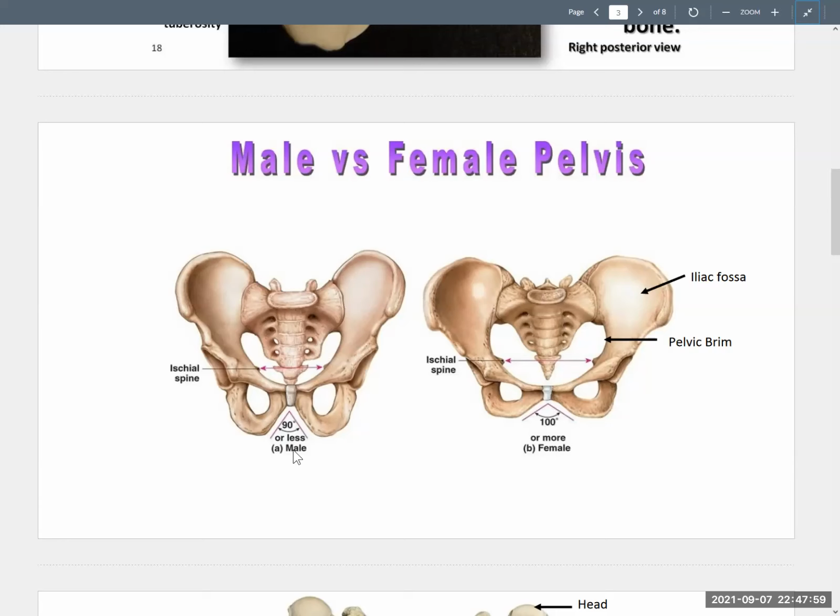In the male, less than 90. I'm going to tell you, I've never seen it 90, and this picture does not show 90. I'd say closer to 60. This is definitely not a right angle, though. This is definitely bigger than a right angle.